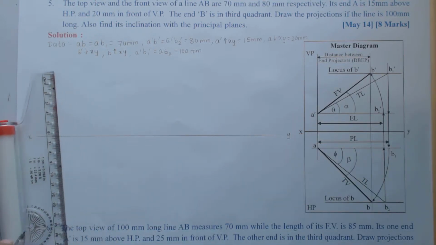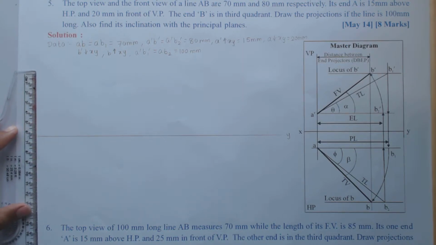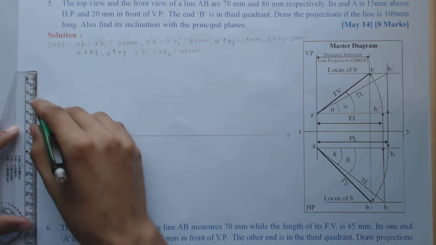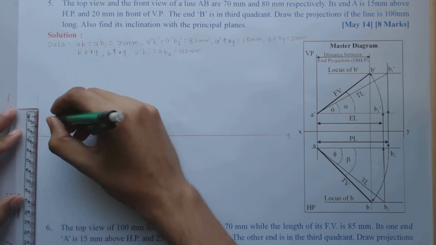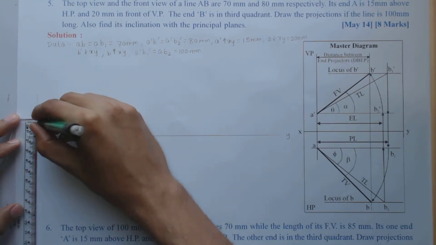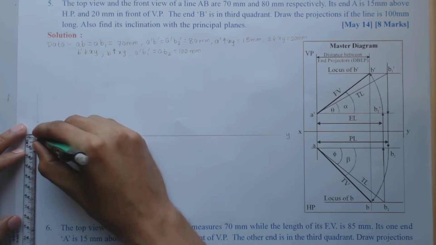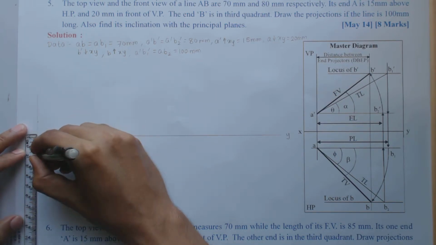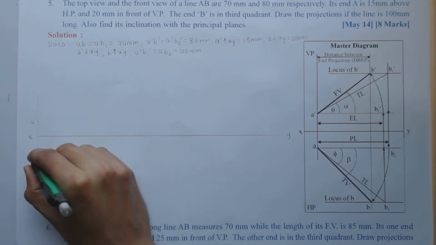Then starting with point A, we know A dash is 15 mm above and A is 20 mm below XY. So first drawing a vertical line to locate A dash and A perpendicular to XY. We know A dash is 15 mm above, so we'll mark A dash first, and 20 mm below. Okay, so we have marked A dash and A.